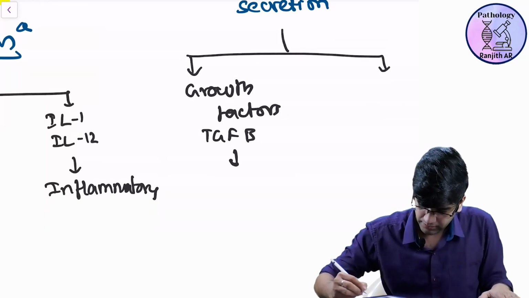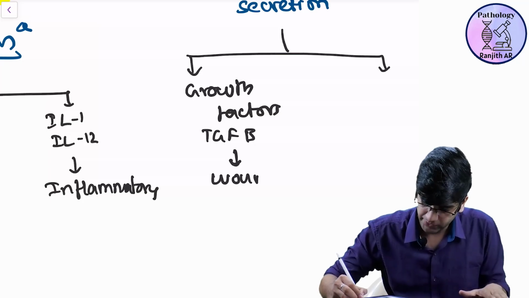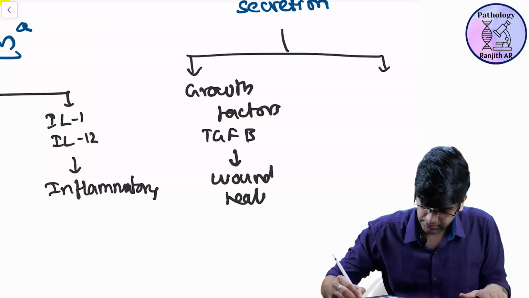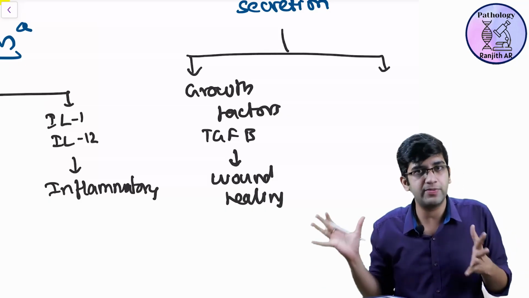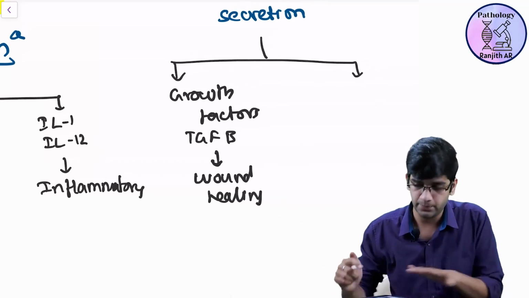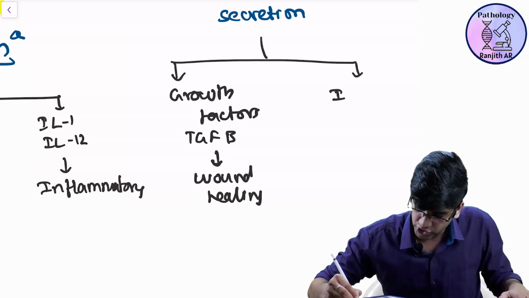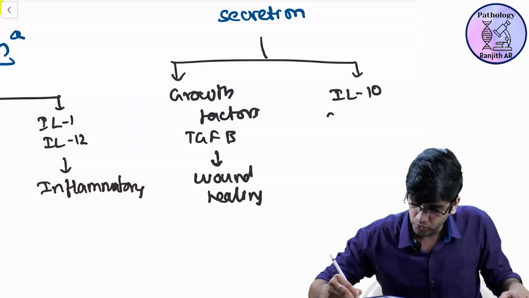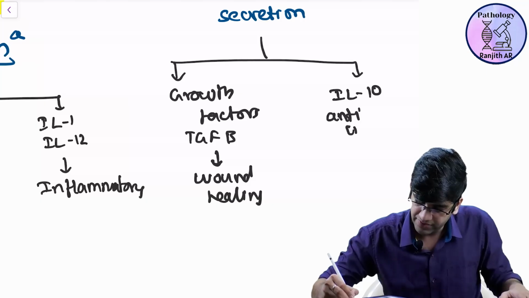This is going to help in the wound healing process. Tissue fibrosis as well, because TGF beta is very important. We'll see tissue fibrosis in the healing chapter. It also secretes interleukin 10 and a few other anti-inflammatory cytokines.